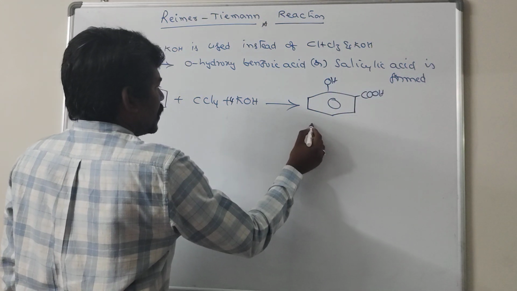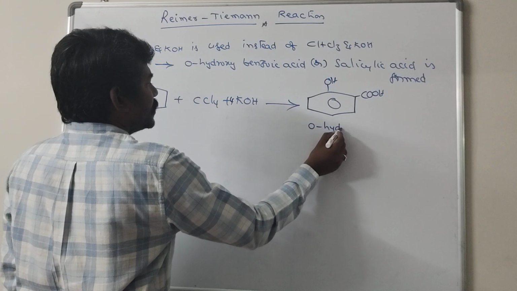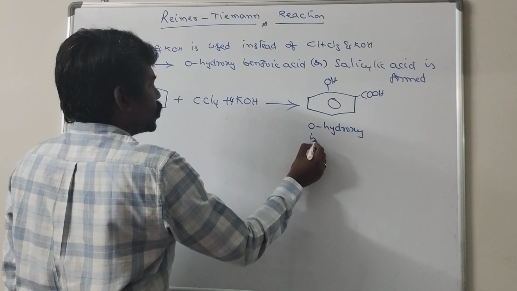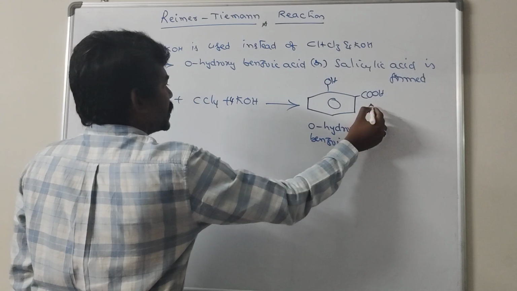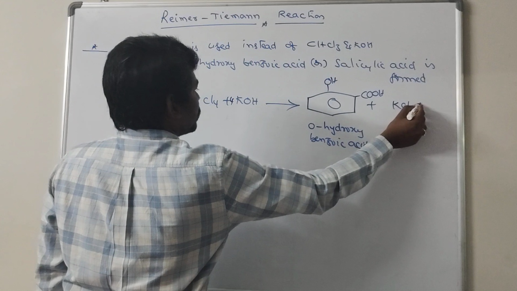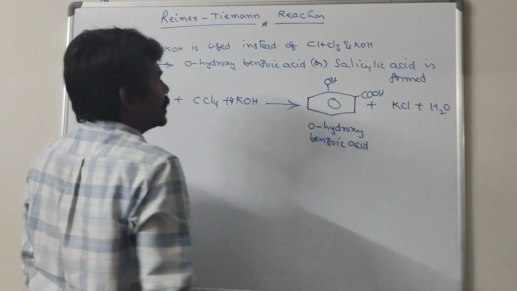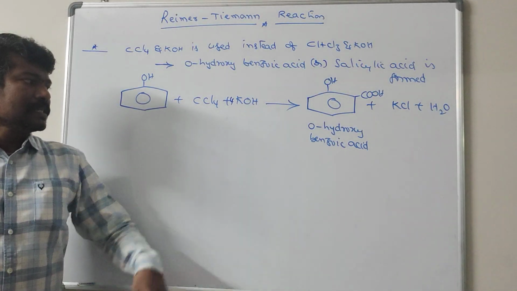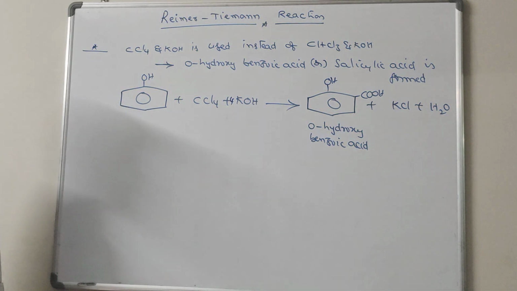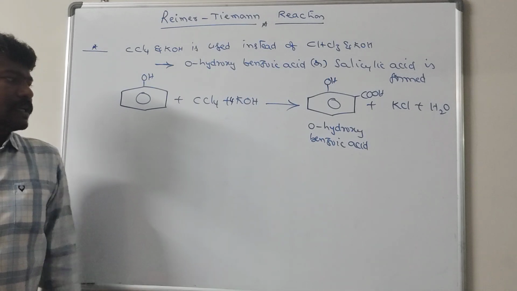This is orthohydroxybenzoic acid plus KCl plus H2O. Here also para-hydroxybenzoic acid is formed, but the main product is orthohydroxybenzoic acid.